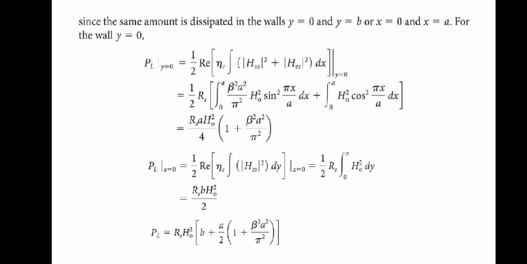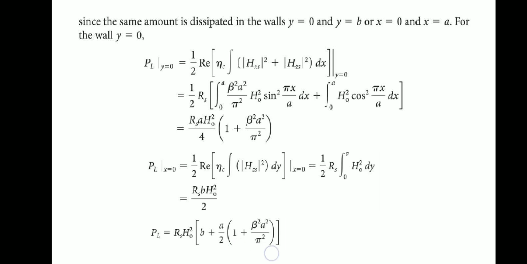After finding this, you will get the total power loss as Rs h0 square into b plus a by 2 into 1 plus beta square a square by pi square.